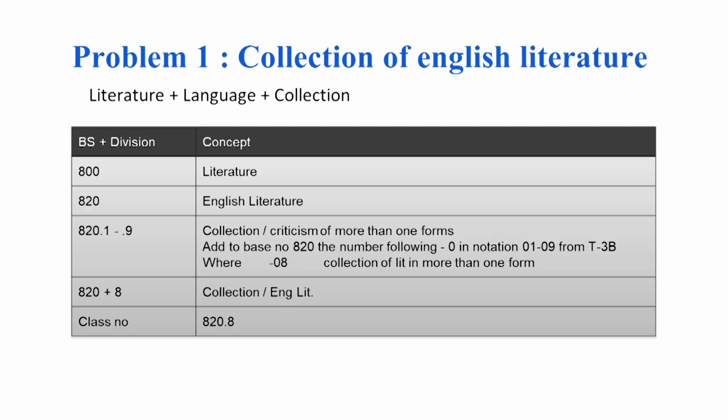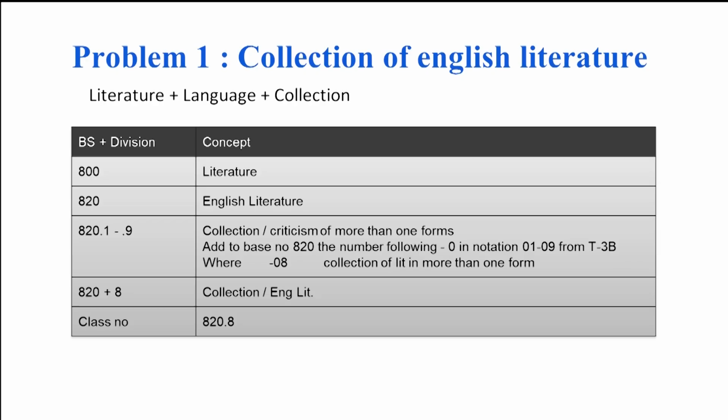We have to write in such a way where we find -08 is equal to collection of literature in more than one form. Then according to this instruction we have to add only 8 because following 0 means 0 will be eliminated. So 8 will be kept.